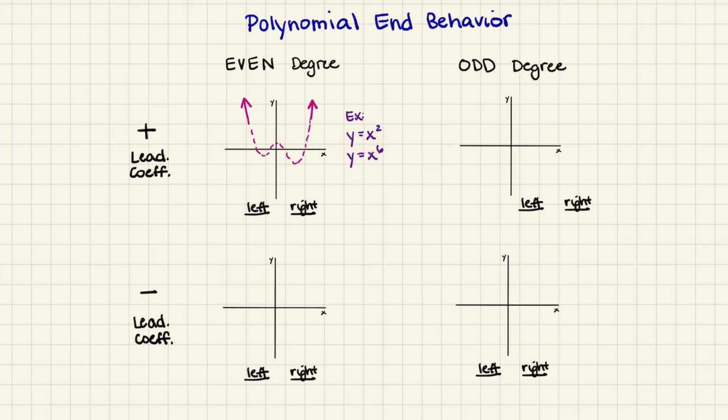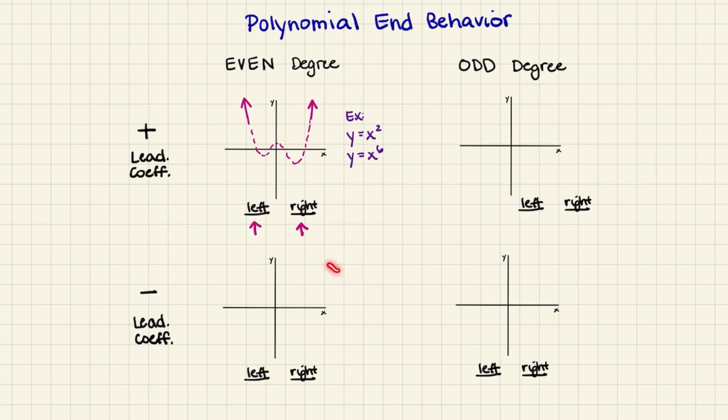And quadratic equations with positive leading coefficients are that U shape. And as you can see, it goes up on the left and up on the right. So our end behavior for even degree polynomials with positive leading coefficients go up on the left and up on the right.